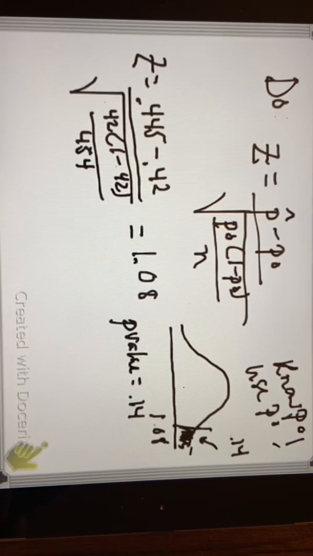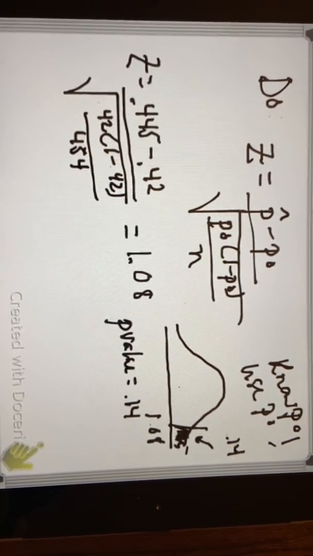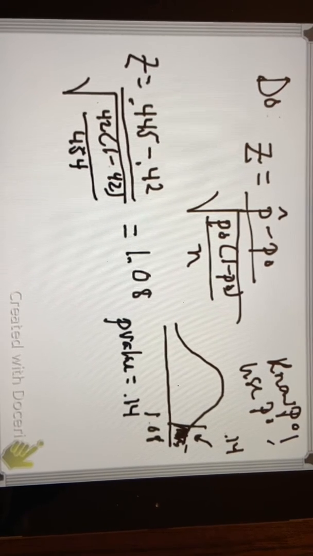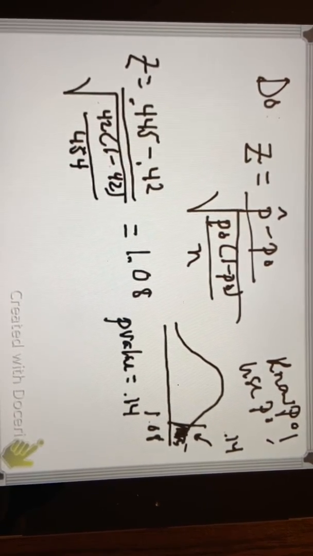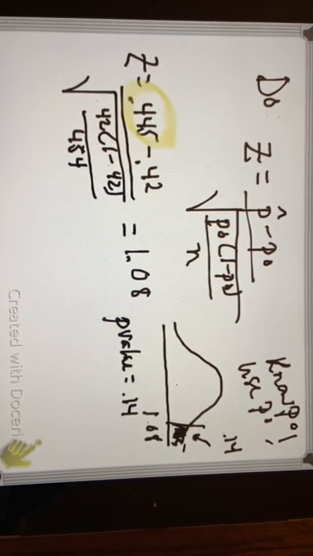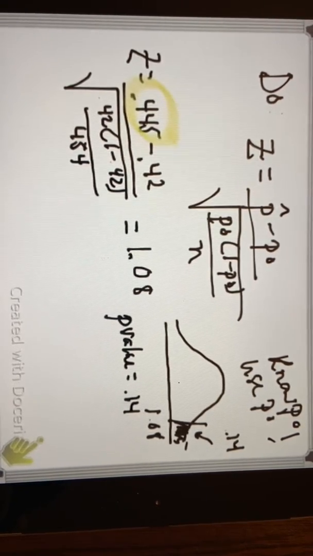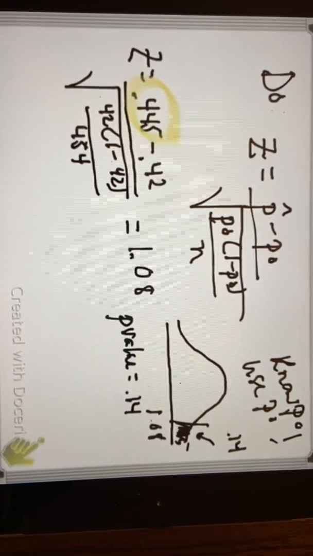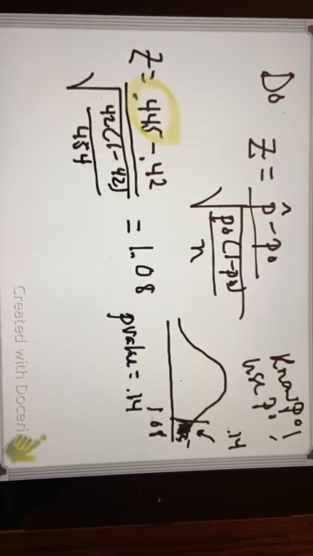We want this value to be extremely low because the idea behind a p-value is it's the likelihood of me getting a percent this big due to just random chance, knowing that the null was true. Well, when you do research, you want your p-value to be low.